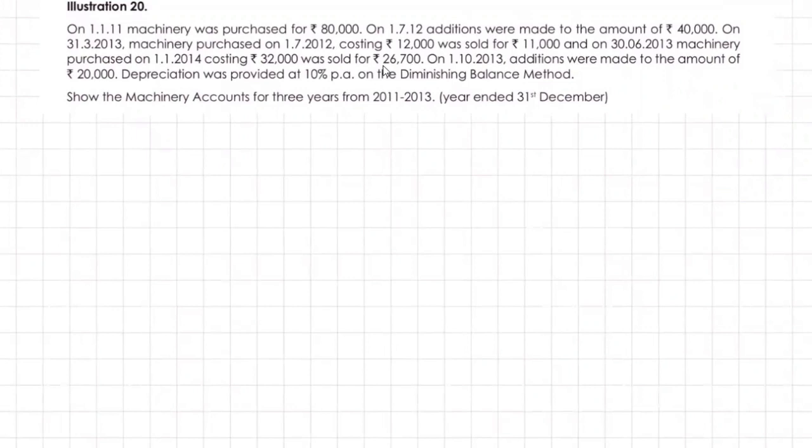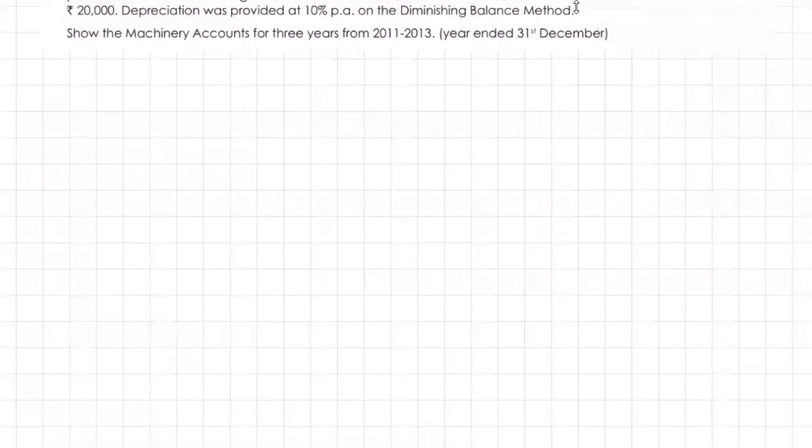Question is visible to everyone, correct? So now we'll start solving this. We need to show machinery accounts. But to show machinery accounts, in the book, what they have done at first, they have shown the statement. So we'll not go by the statement. At first we'll directly try to do it from machinery account. Let's see if we face any problem, then we'll move on to the statement.